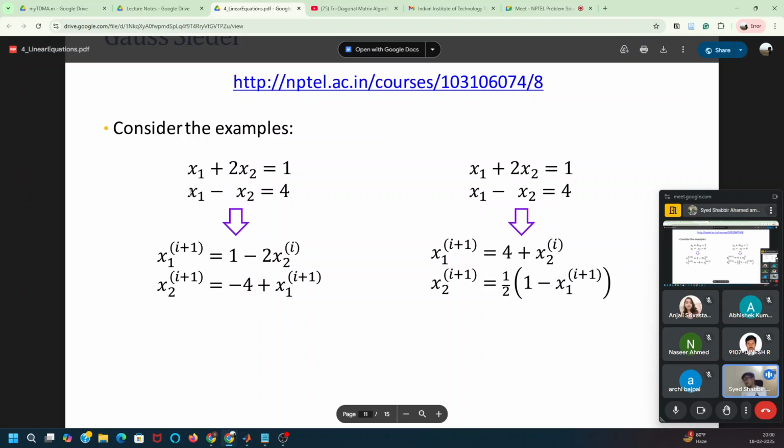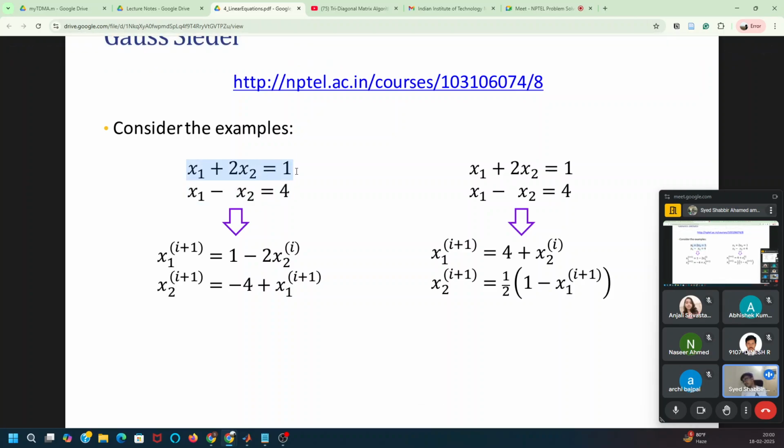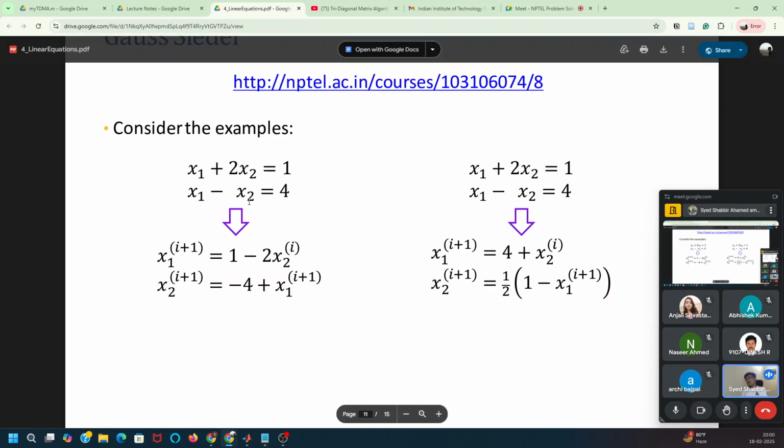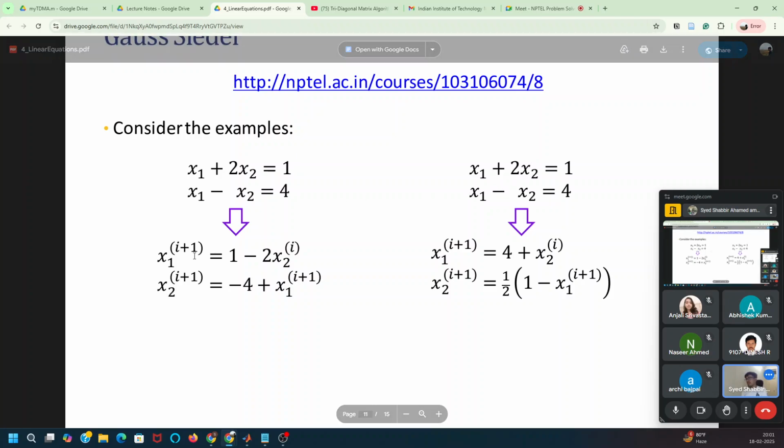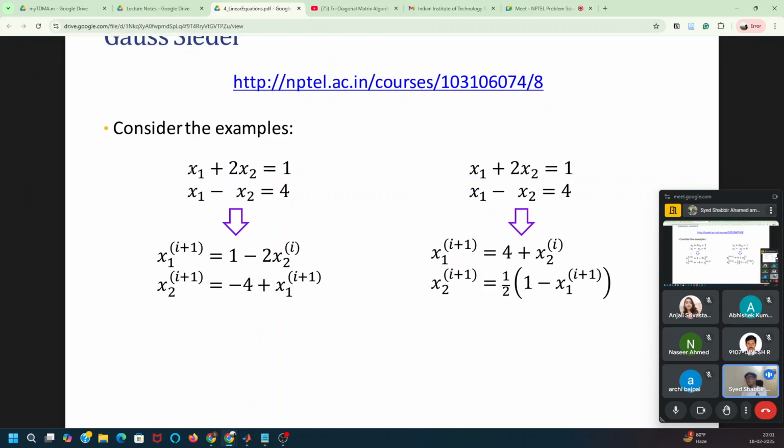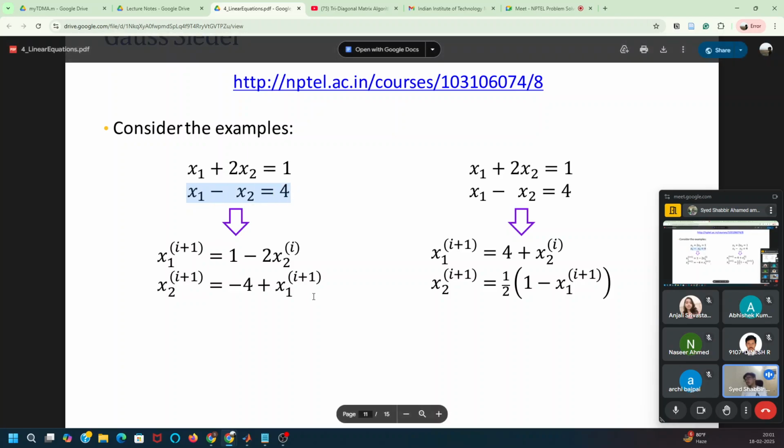Here you can see the system x1 plus 2x2 equals 1 and x1 minus x2 equals 4. I'm taking the same system of equations, but I'll initially take this as my first equation and find x1, and then take this as the second equation and find x2.